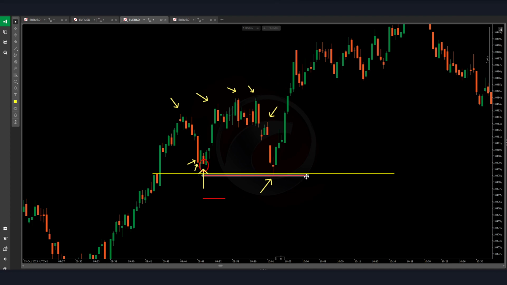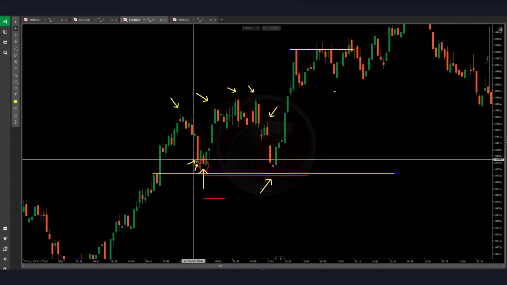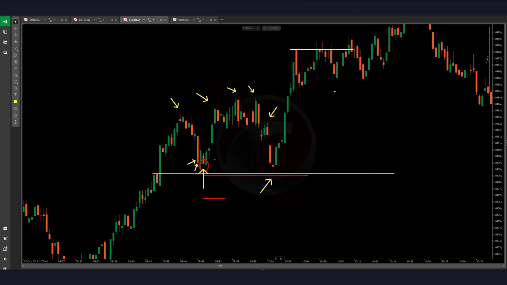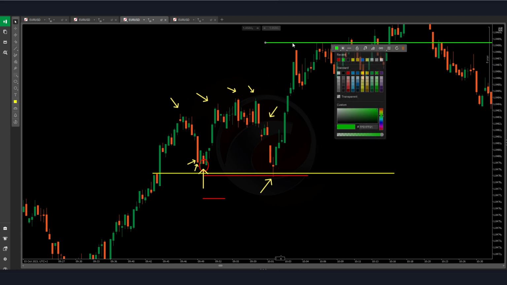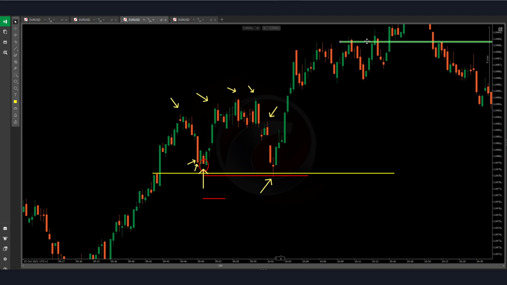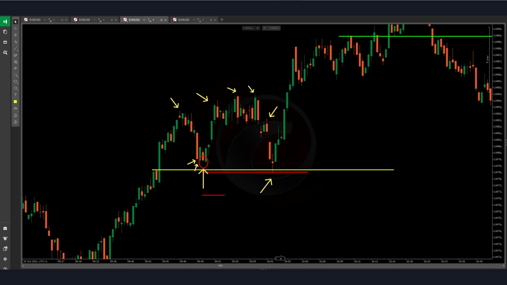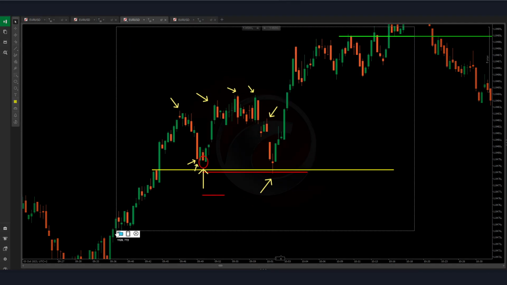But sometimes, like with these ones, it works against me, and instead of going into profit, it brings me to a losing trade that would not have happened if I had left it untouched. This one would have been a TP about over here. So that's basically the idea of this trade.